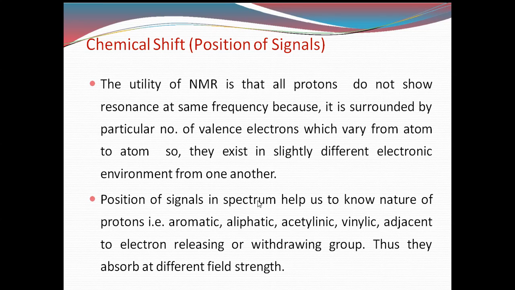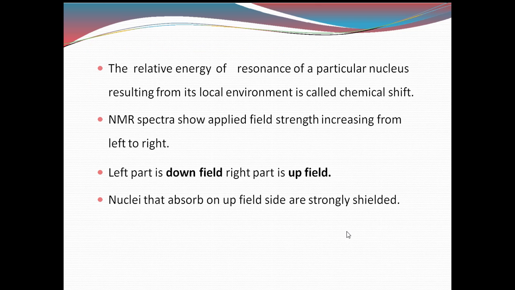Alkenes. Aromatic is when it is linked with benzene, styrenic, vinylic. Whether it is present beside electron withdrawing or electron releasing groups, it will absorb at a different field strength. The relative energy of resonance of a particular nucleus results from its local environment. That is called the chemical shift.